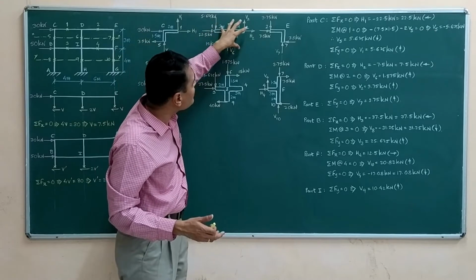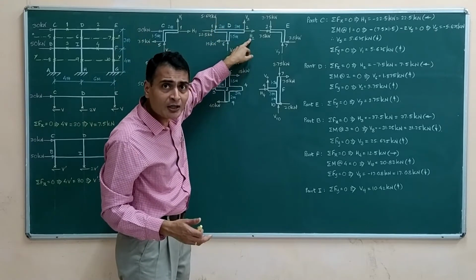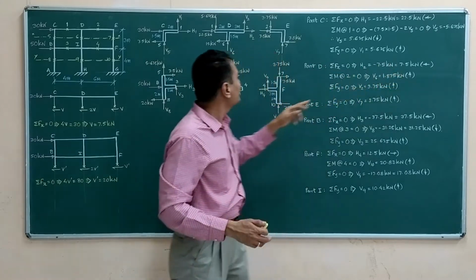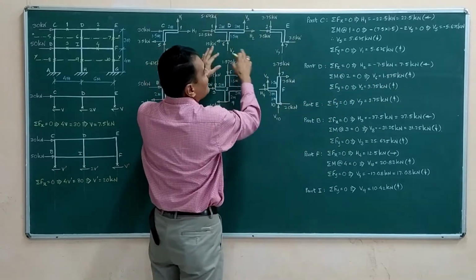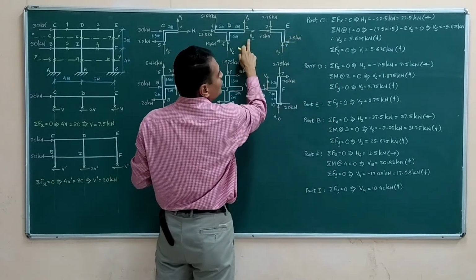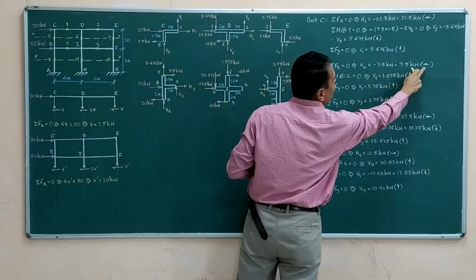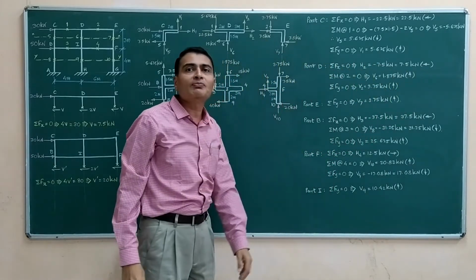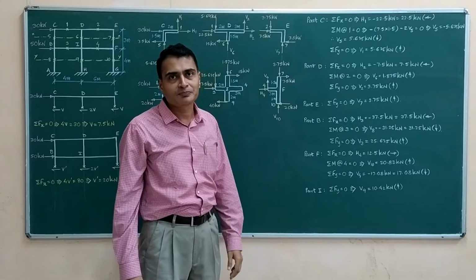Similarly, I drew H2 rightwards, but I calculated and found it to be leftwards. That's why after finishing this analysis in this part, when I start drawing this FBD, I know that this value is actually 7.5 kilonewtons leftwards, so I show equal and opposite 7.5 kilonewtons rightwards.